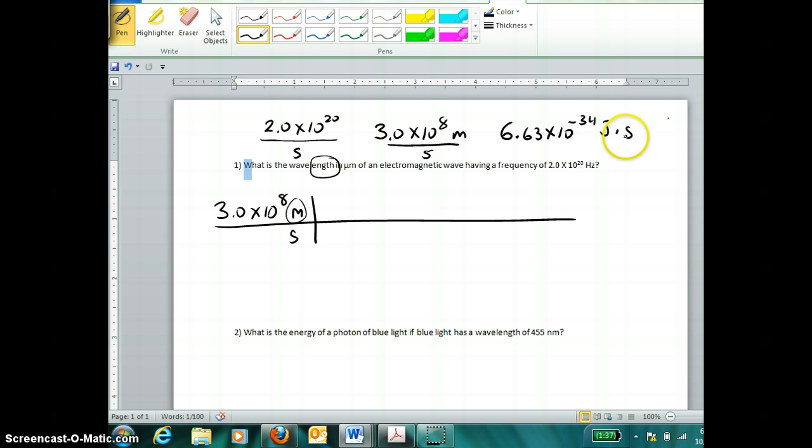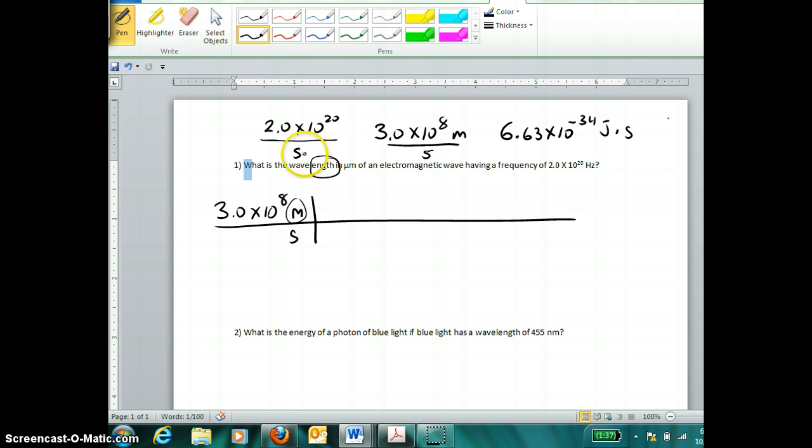Now, if I use this time in Planck's constant to cancel the time, I'm going to introduce units of energy, joules. And I don't see joules anywhere else with which to cancel them. But if I use this unit of time, seconds, I'm not introducing a new quantity. All I'm doing is adding a number to the equation. So I'm going to cancel my time units with these time units.